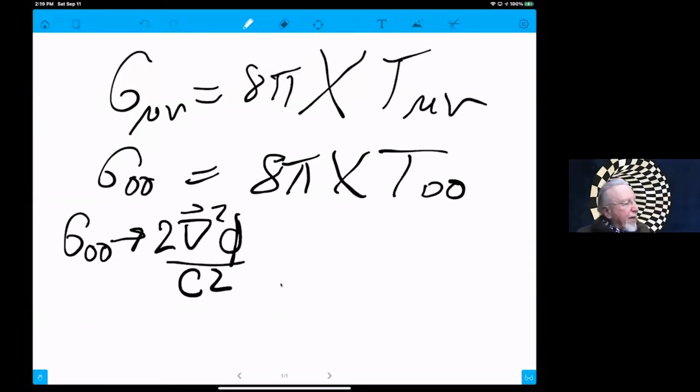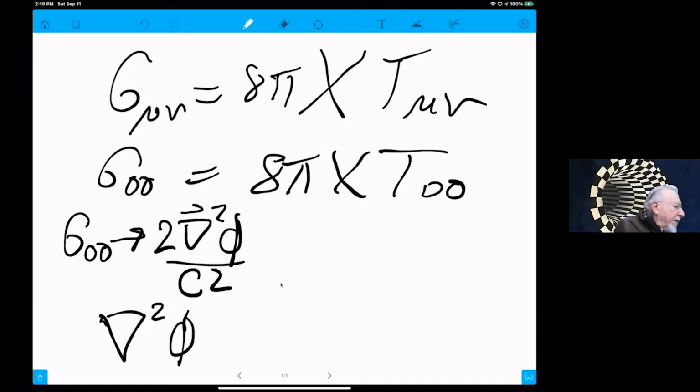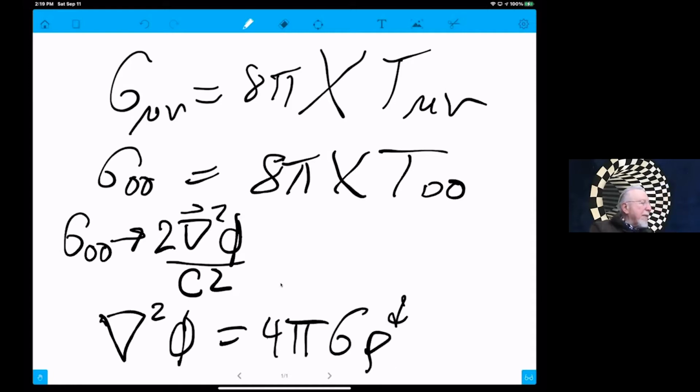That has to match Poisson's equation, which is del squared phi equals 4 pi G rho, where rho is the mass density.